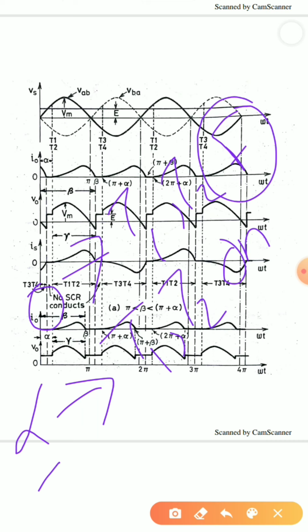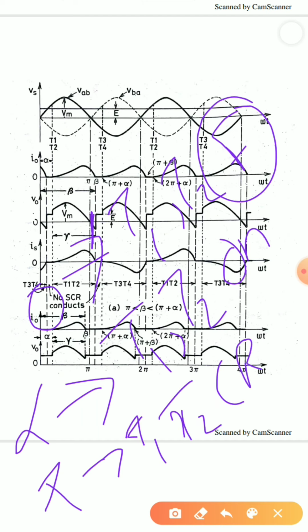Then at pi, T1 and T2 are reverse biased and turn off. At the same time, T3 and T4 are forward biased, but they will not turn on.